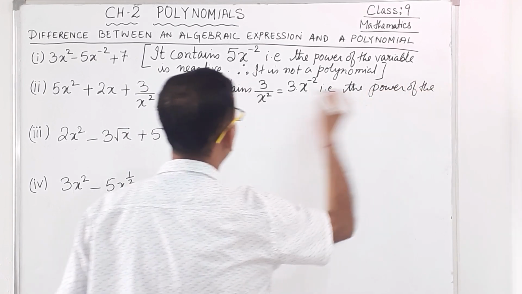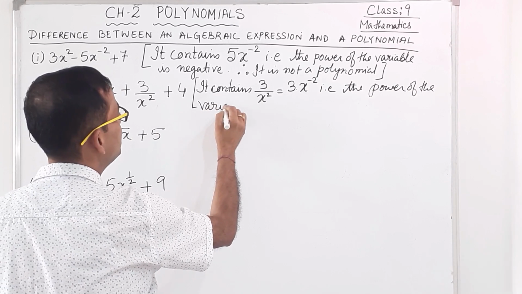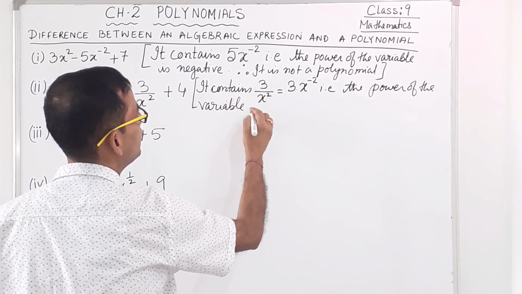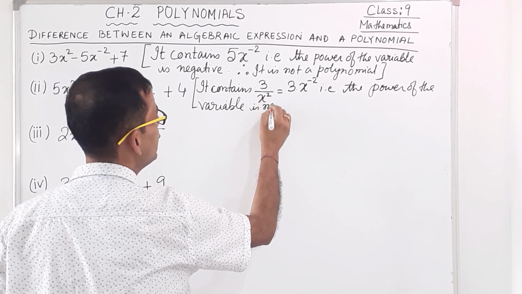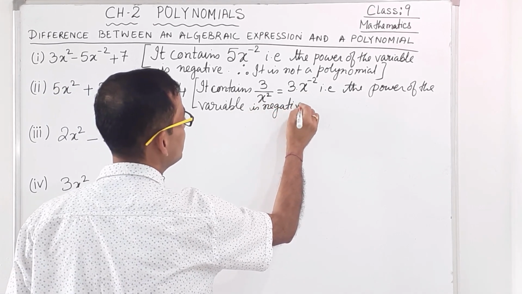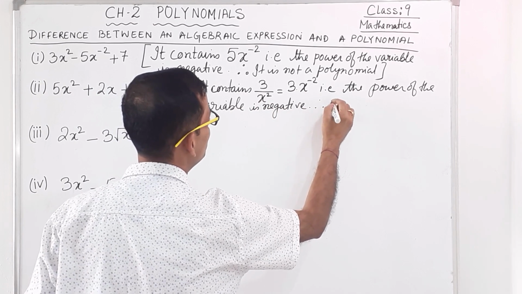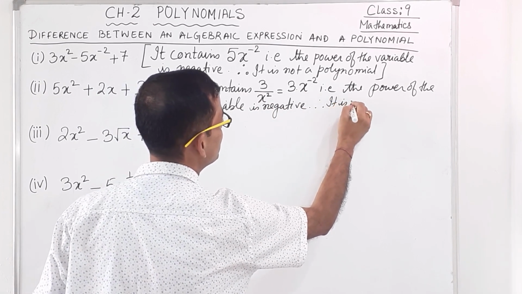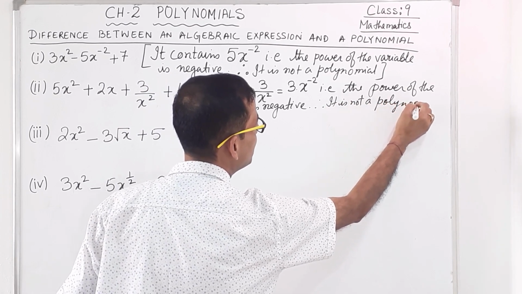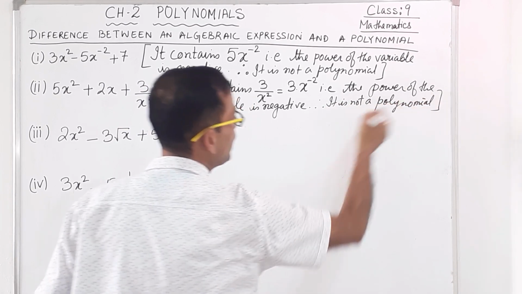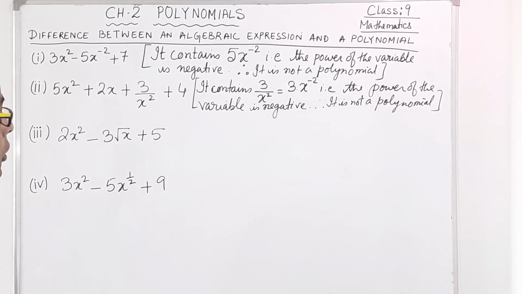That is, the power of the variable is negative. Therefore, it is not a polynomial. So you can understand that this is also not a polynomial.